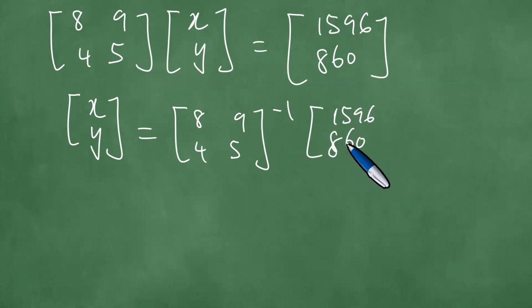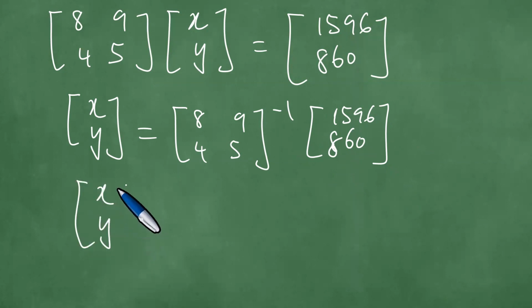1596, 860. Okay, if you look carefully, now we have the inverse of this, but we got the inverse of this matrix before. And this matrix had the inverse what?